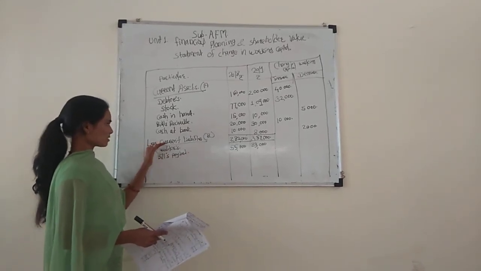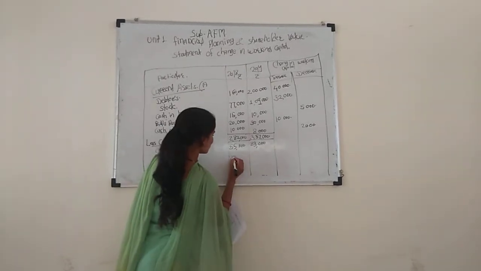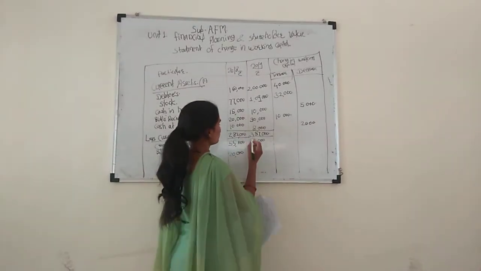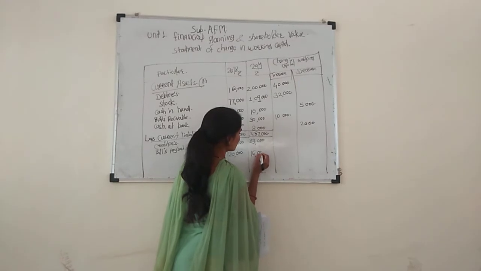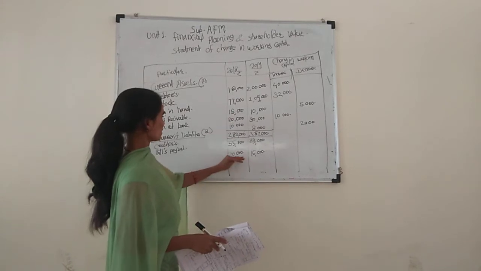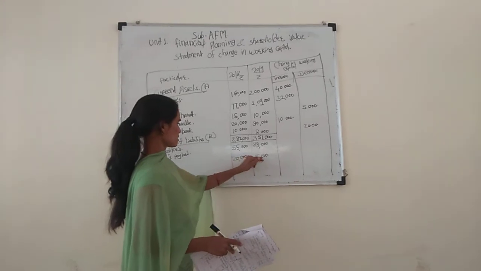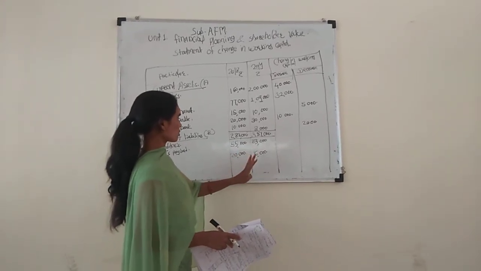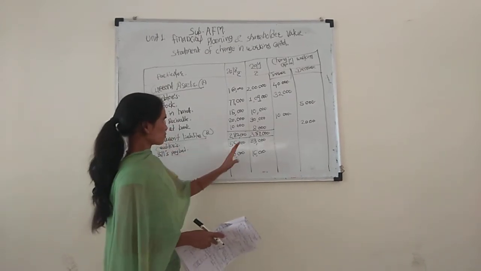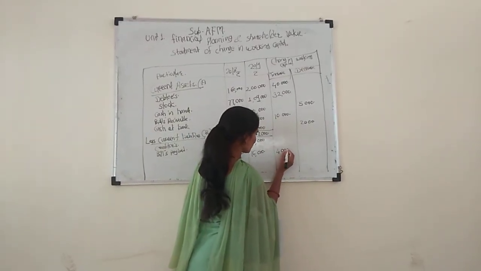In that case, this is a current liability: 20,000 in 2018 and 16,000 in 2019. 20,000 minus 16,000 is equal to 4,000. This is a decrease in liability, which is a profit for the organization, so increase column 4,000.